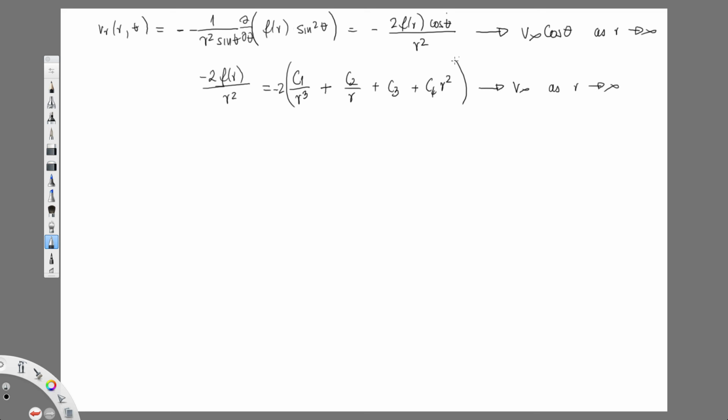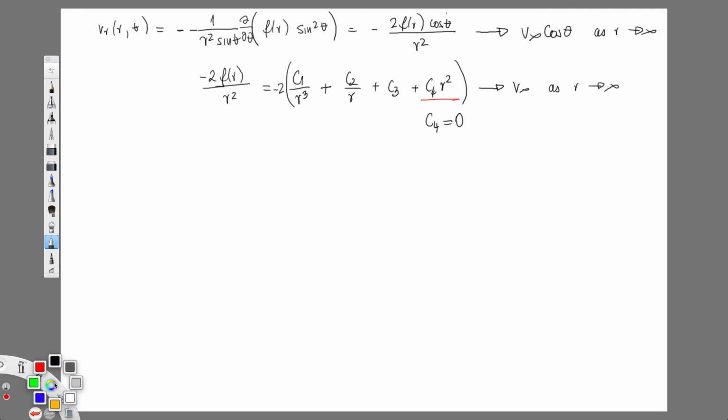So basically my C4 should be 0, otherwise it's going to blow up. So first thing, C4 has to be 0, or else I'm in trouble. And as r tends to infinity, these first two terms will zero out.